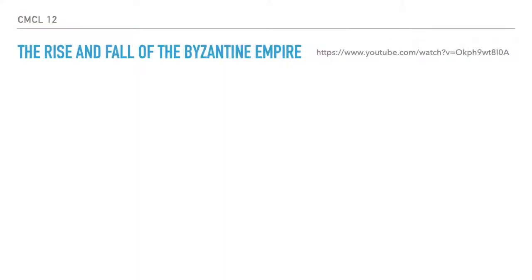And so the empire is kind of split in two, and then the western part kind of crumbles away and is eventually overtaken by all kinds of European peoples, whereas the Eastern Empire continues to flourish into the Middle Ages.